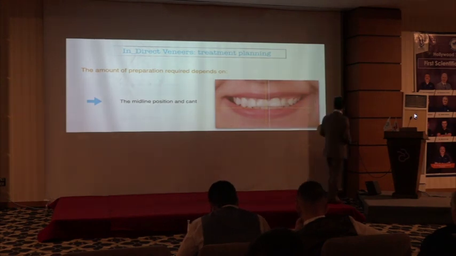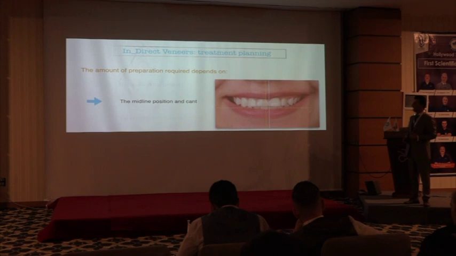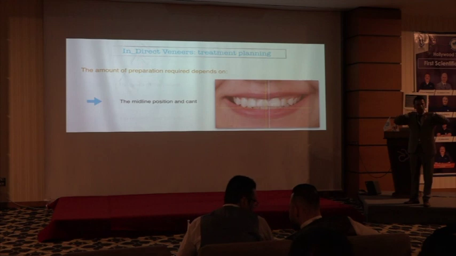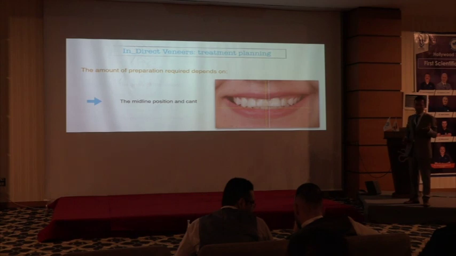The second point is the midline position and cant of the occlusal plane. This is the benefit of the DSD, or the two horizontal lines if you put them between the two eye pupils and compare with the horizontal plane, so as to know whether there is a cant or not. I usually simplify the use of the DSD in my lectures.